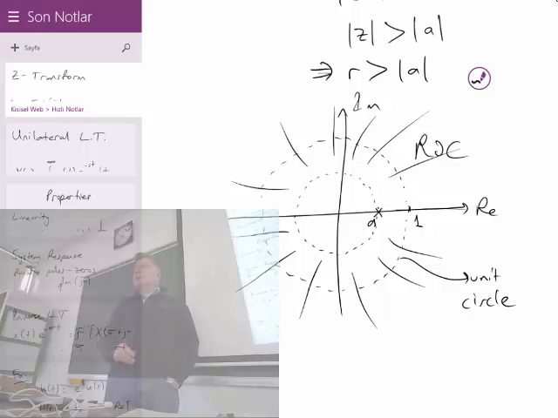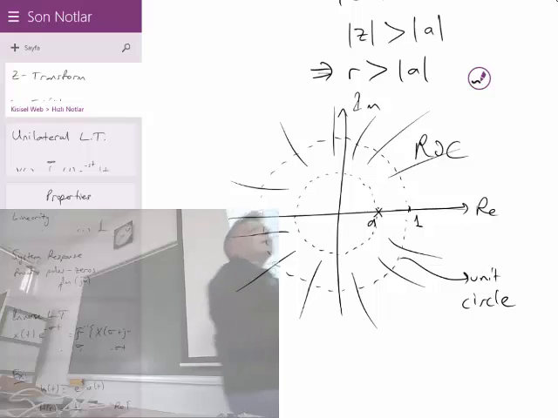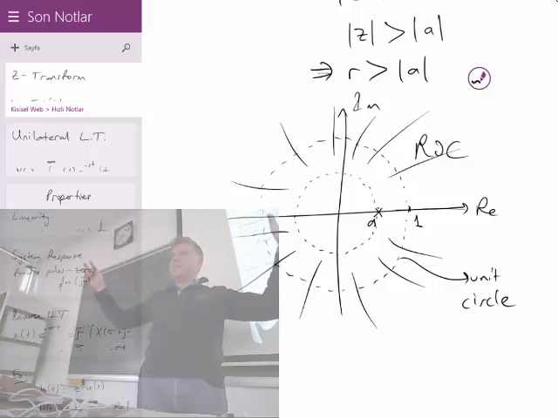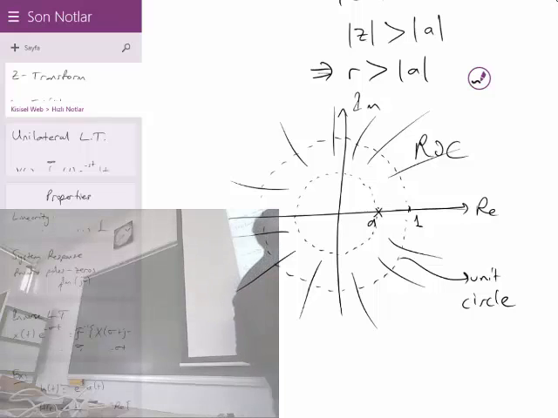The necessary and sufficient condition for the Fourier transform to exist is that this unit circle lies inside the region of convergence. So if this is the situation, it is indeed in the region of convergence, which is outside of a circle. And therefore the Fourier transform exists, we will say. The unit circle is inside the region of convergence.